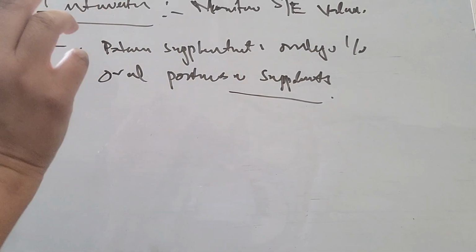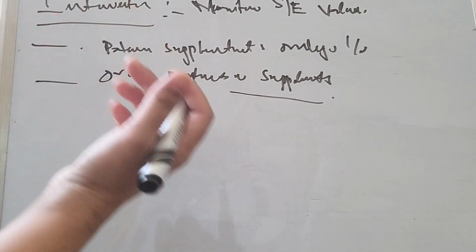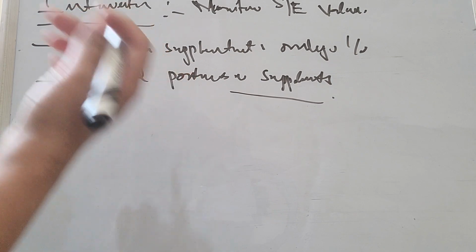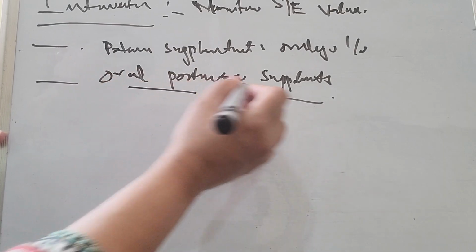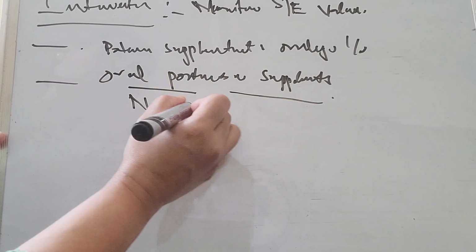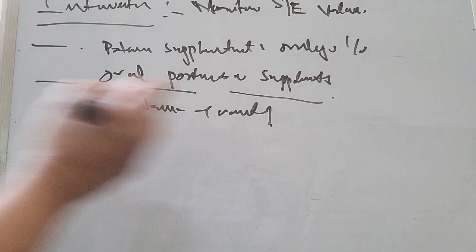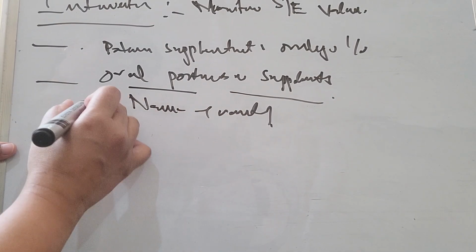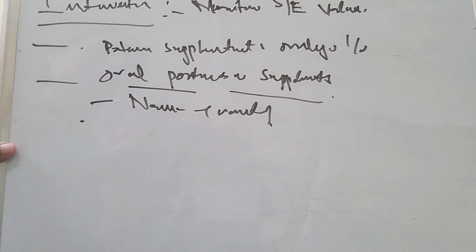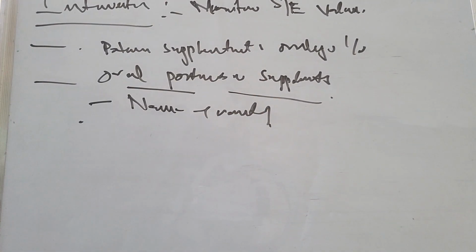Oral potassium supplements may cause nausea and vomiting, so they should not be taken on an empty stomach. If your stomach is empty, never take oral potassium supplements.